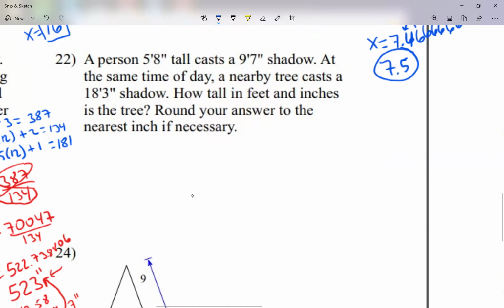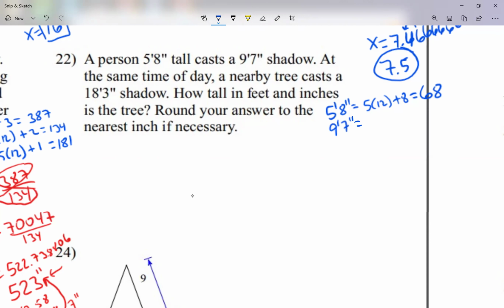There's a person that is 5 feet, 8 inches tall. I had to transfer this to inches only. So it's 5 times 12 plus 8. So that's 68 inches. And then a shadow of 9 feet, 7 inches. So I have to go 9 times 12 plus 7.